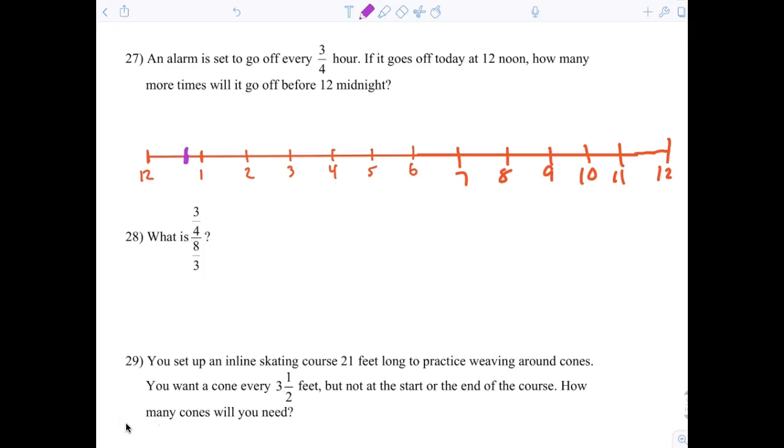And then if it goes off again, it's going to be at what? That's exactly right. 1:30. It's going to go off at 1:30. Do you agree with me? Well, it's 3/4 of an hour. 3/4 of an hour is how many minutes? 45 minutes, right?